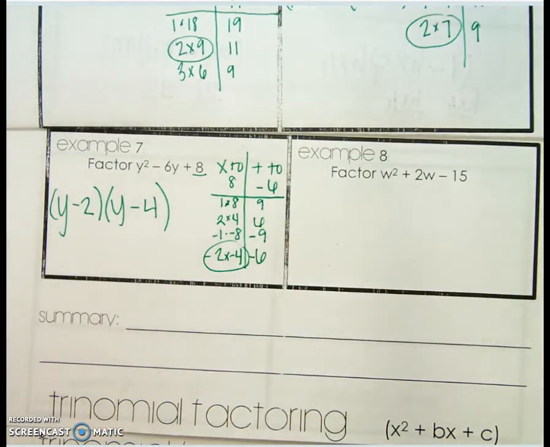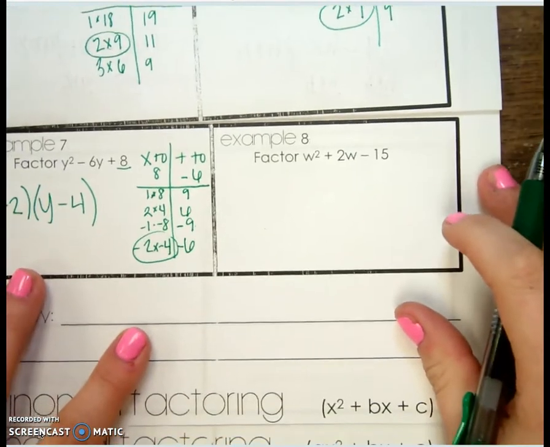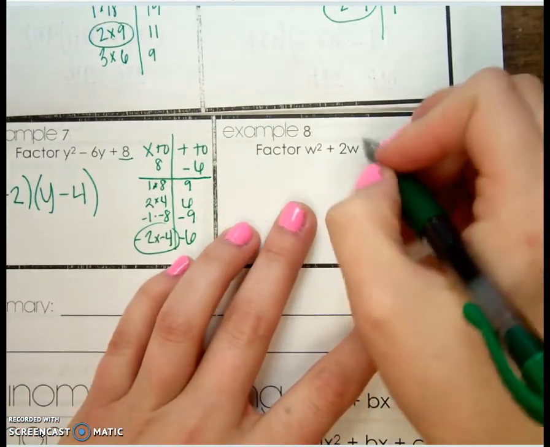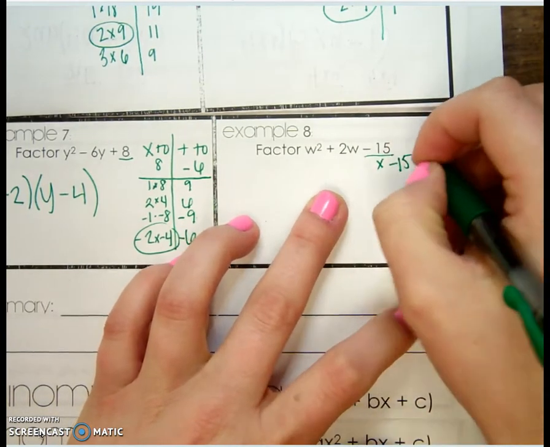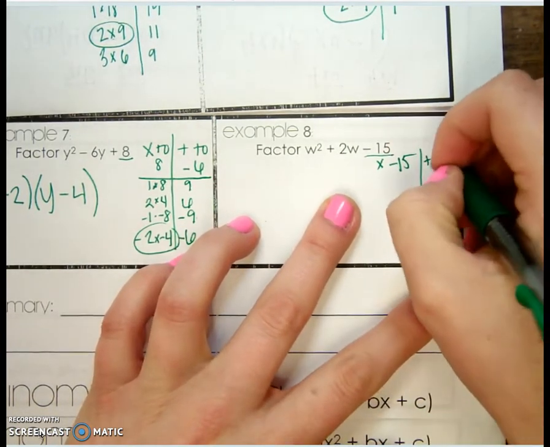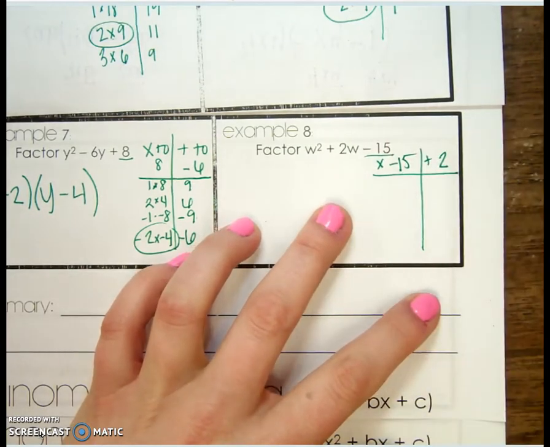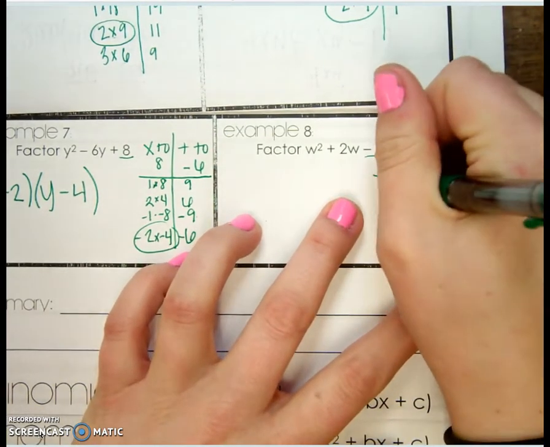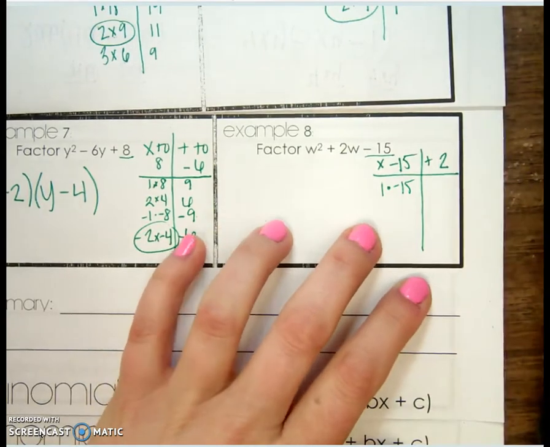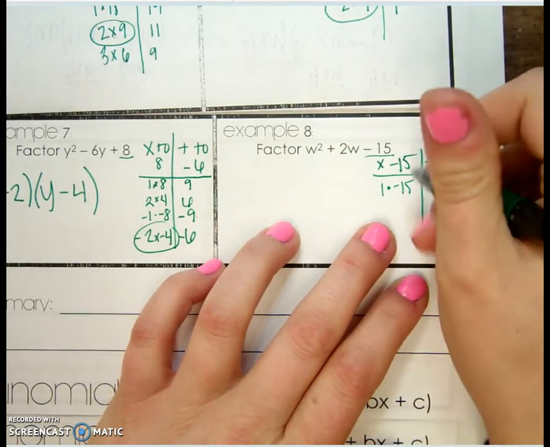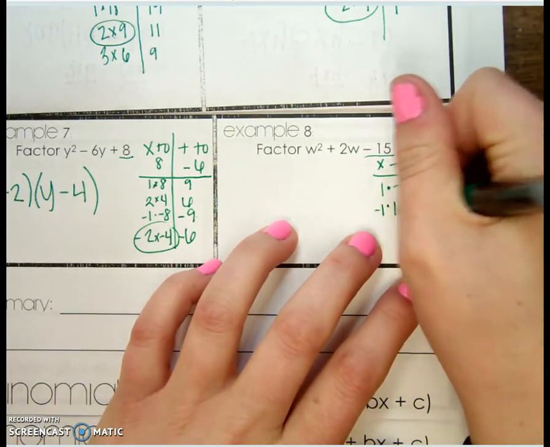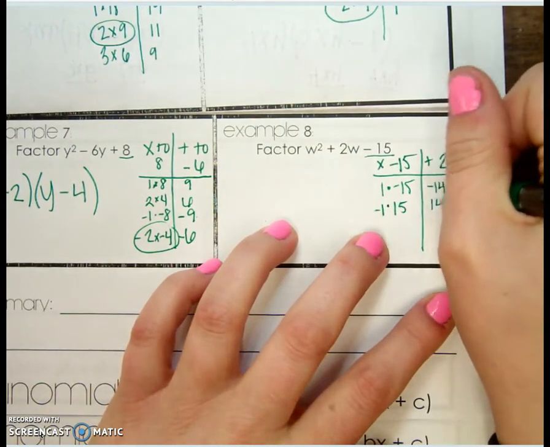So this is called factoring it out. All right, so number 8. We're going to have to multiply to negative 15 and add to give me a positive 2. So I have 1 times negative 15, but that only gives me negative 14 if I add them. Negative 1 times 15 gives me positive 14.